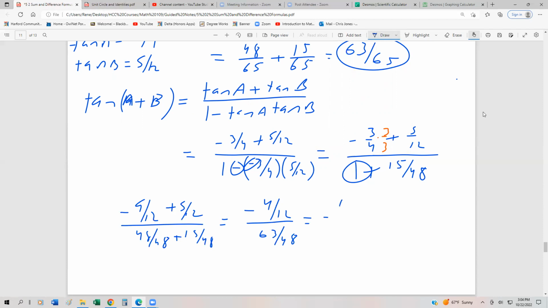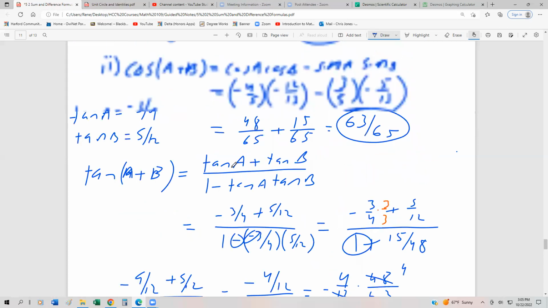Okay, so we get negative 4/12 times 48 over 63, right? 12 times 4 is 48. So this just turns into 4 and 1. And so this should work out to be negative 16/63.